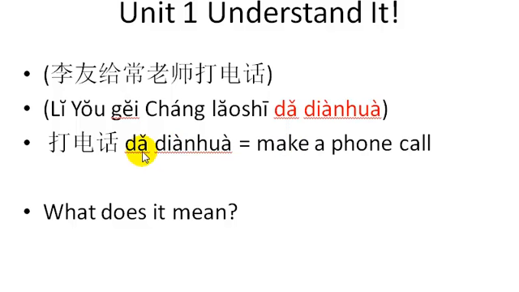Now, be careful. 打 doesn't always mean make, and you just can't use 打 wherever you would use the word make in English. Like in English we say make a cake, but in Chinese you can't say 打蛋糕. If you said that, it would really mean to hit the cake. It wouldn't mean to make the cake.